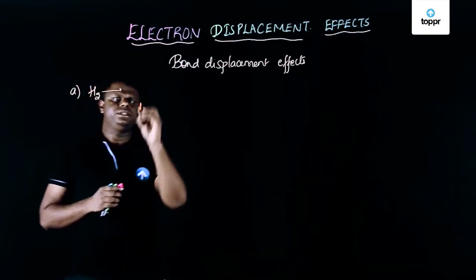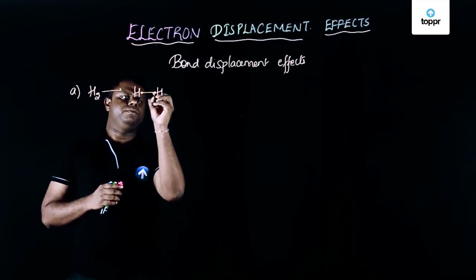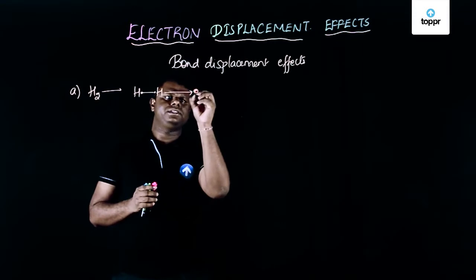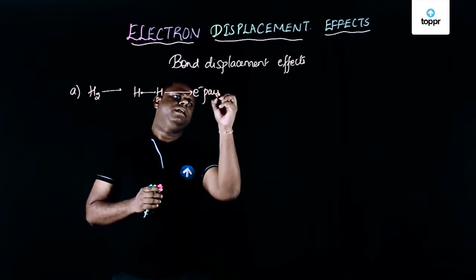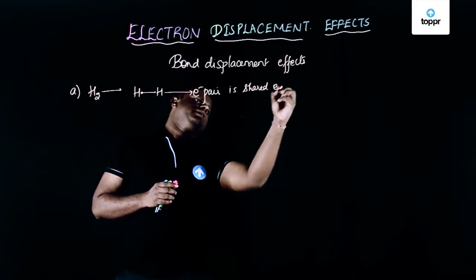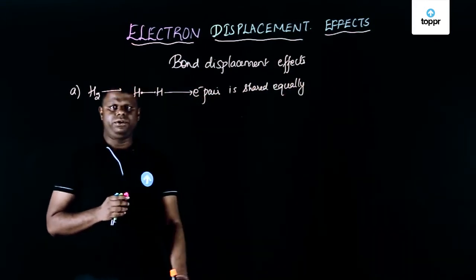In the case of a hydrogen molecule, two hydrogen atoms share their electrons and form a covalent bond. So, in this case the electron pair is shared equally as both atoms contribute.